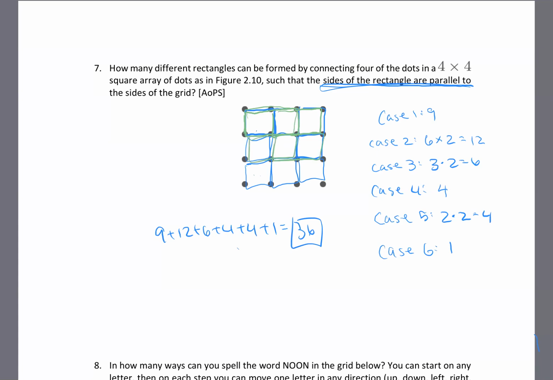So there's like 6 that are, wait, this is not really easy to see visually, so let me redraw them. So we have this one, and this one, and so on, right? So there's 6 of them that are horizontal.